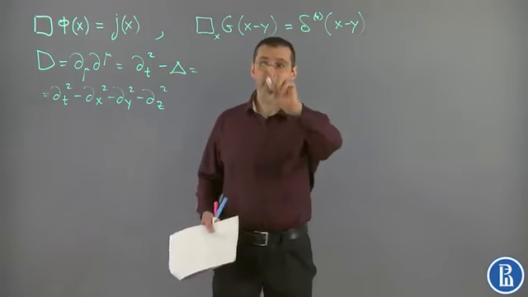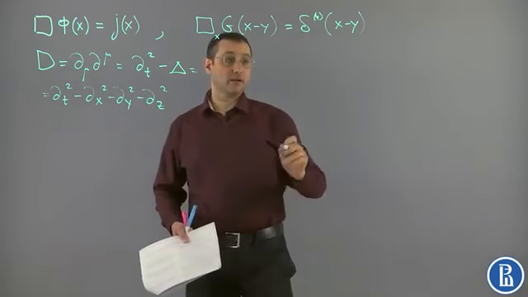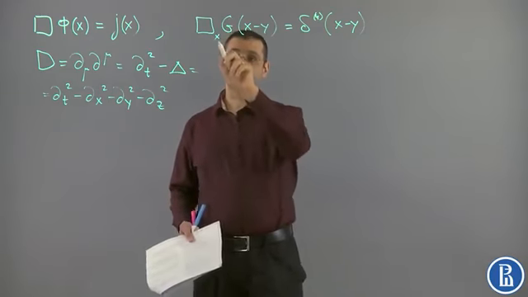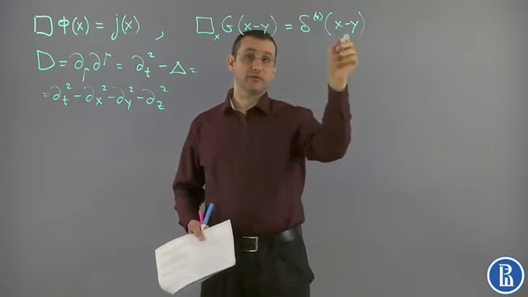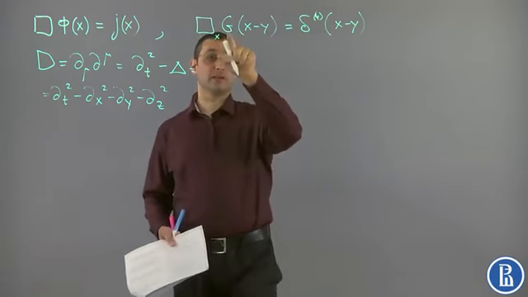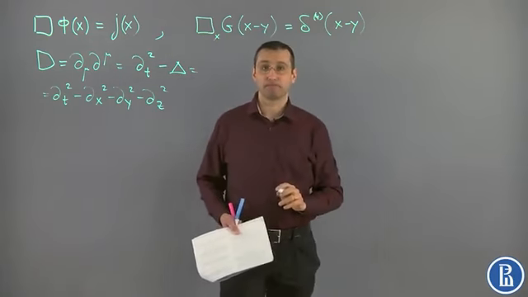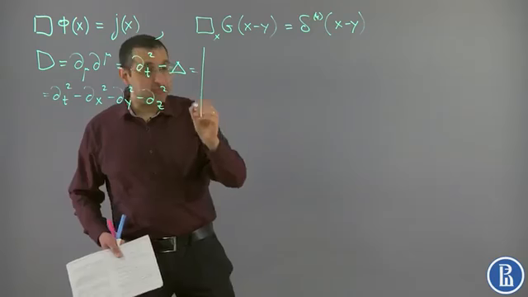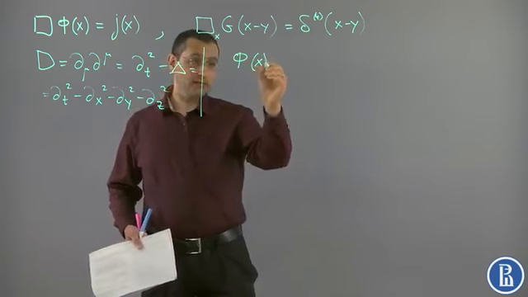Before saying that, let me show what happens here. This equation is invariant under the shift of x. If I simultaneously shift x and y, this equation doesn't change. Then it means that g is necessarily a function of the difference, x minus y. So if we know this function, then the solution phi of x is easy to find.